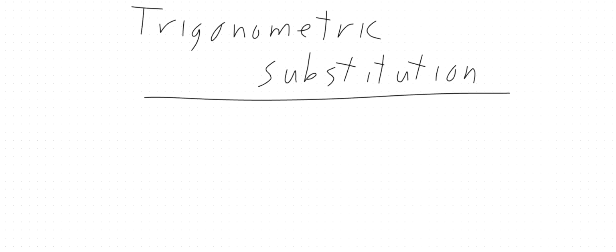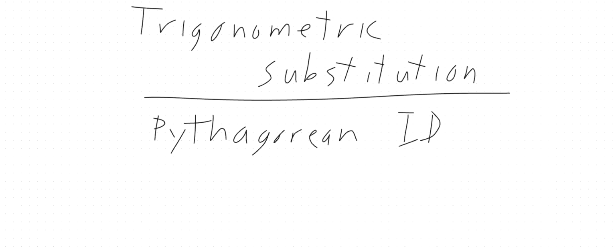So the identities we're primarily going to use are the Pythagorean identities. There are three Pythagorean identities.